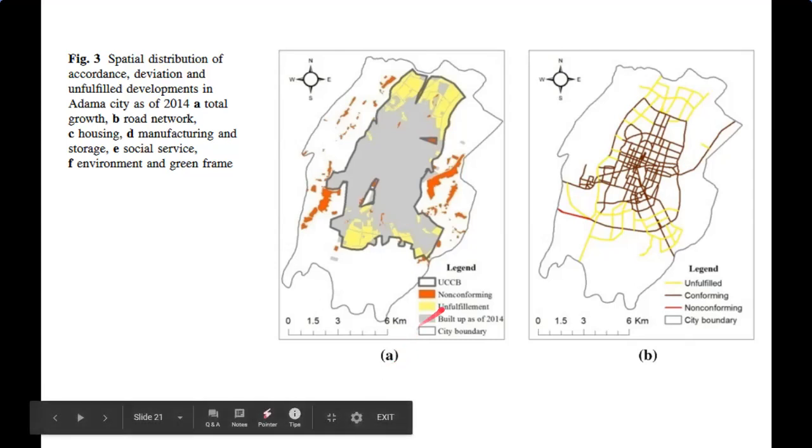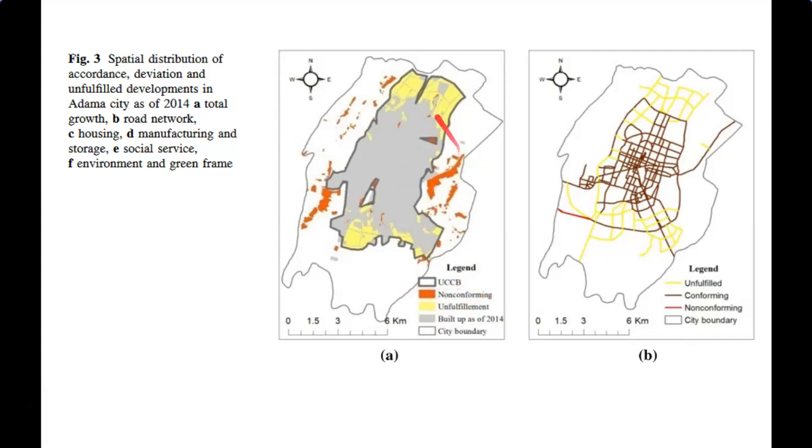You can see here in the orange polygons, the growth of urban developments exceeds the limit of the boundary. So the authors here make the legend as non-conforming, which means the result shows that there is a mismatch between the plan and the actual condition here.